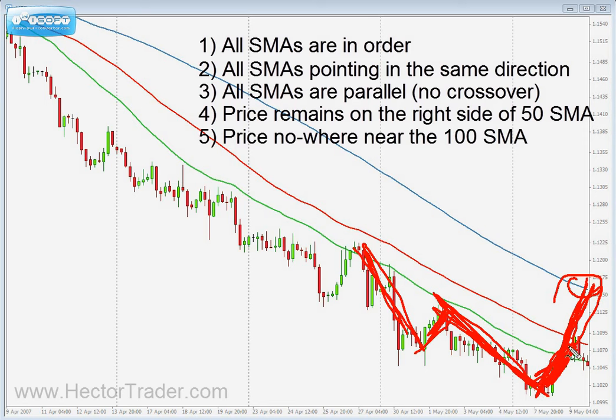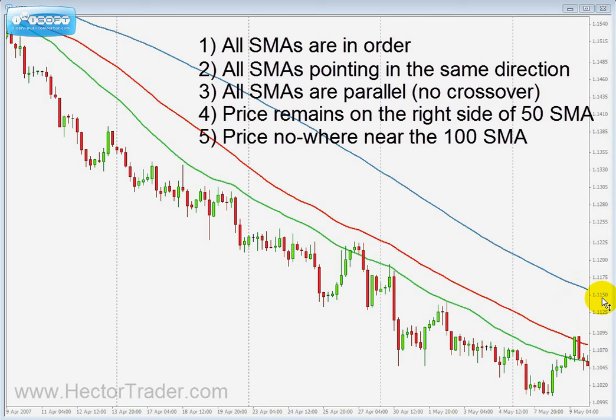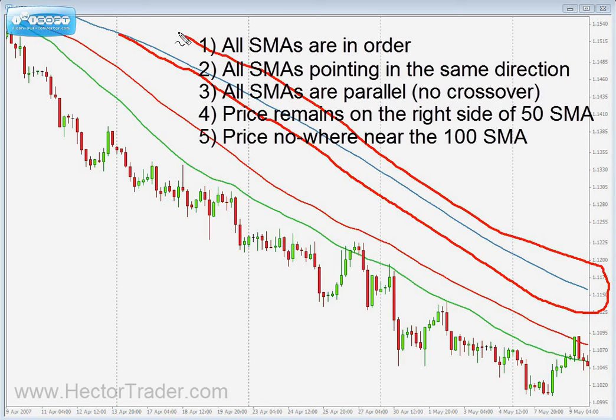The pullback would take quite a deep bite into the trend, and that usually is an early indication that the trend is actually weakening. So that's why the fifth condition of my system, as far as spotting healthy trends, is that price never gets around the 100 moving average.